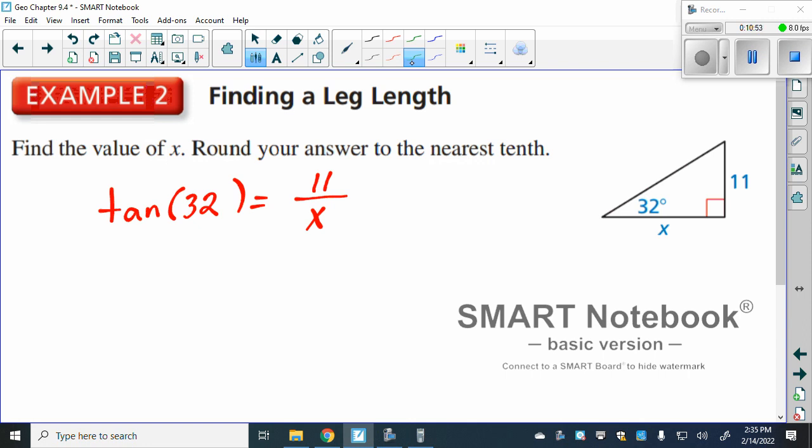Now the steps that we used on Friday to solve, we're going to use the exact same steps. It's not going to change. So the first thing we're going to do is multiply both sides by what? The x. We multiply it by the bottom of that fraction.